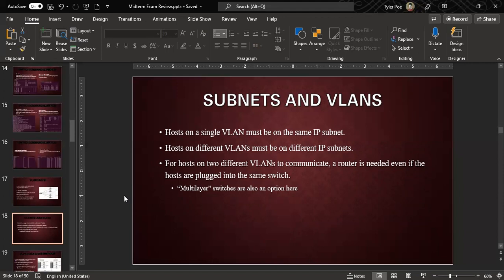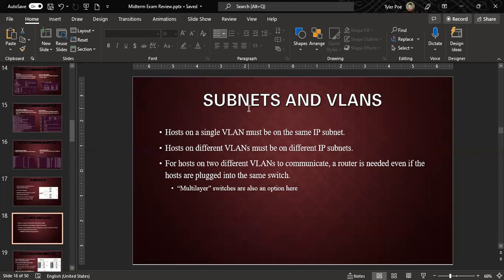So you can have a production network, and with one switch you can have a VLAN for research and development, sales and marketing, and then administrators.